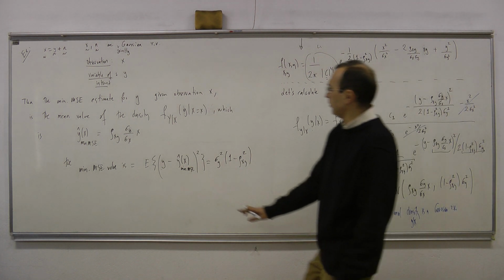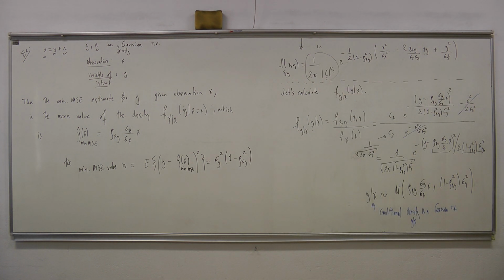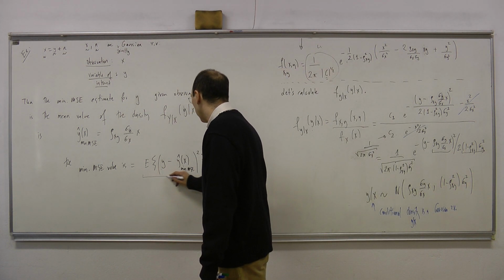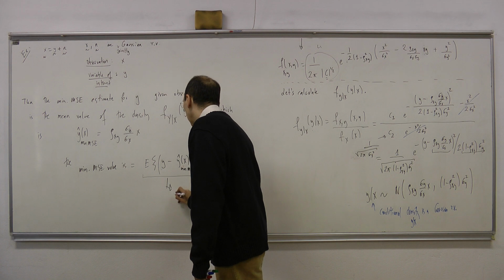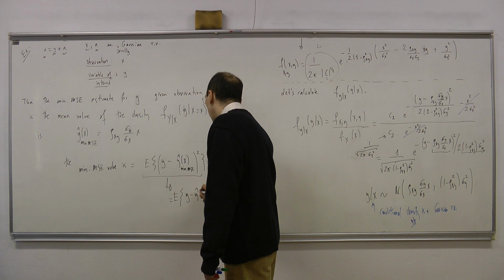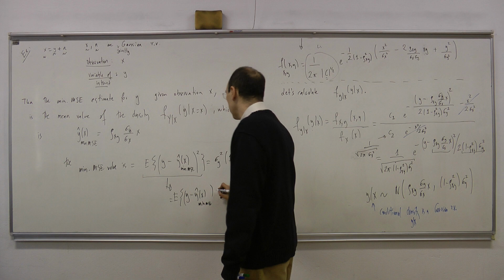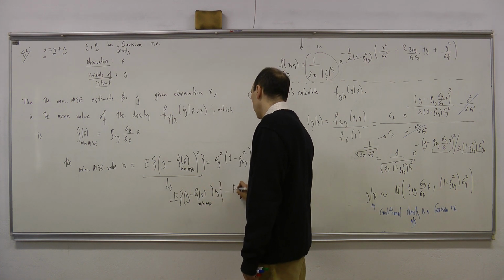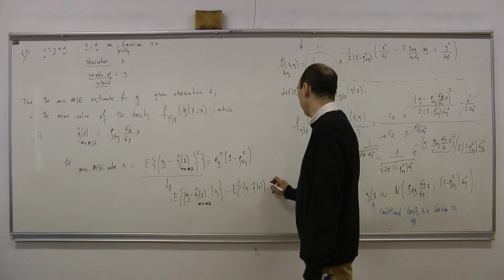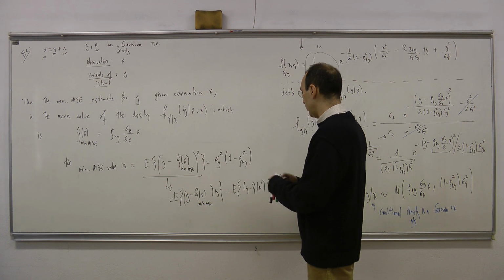Well, how can I see that one? Well, let me use our orthogonality. Previously we have seen this. So let me briefly write this. So this is equal to the expected value of y minus y hat of x, the optimal estimator, min.MSE, times y minus the expected value of, but this is the optimal estimator.